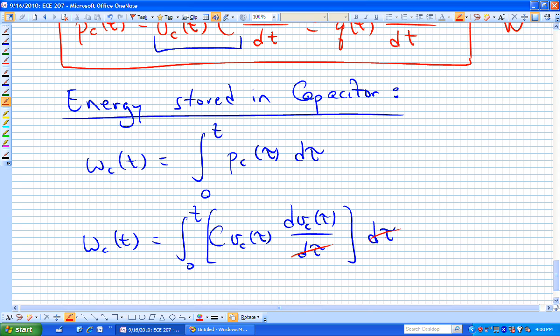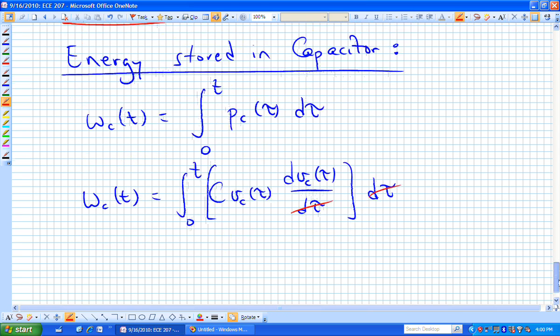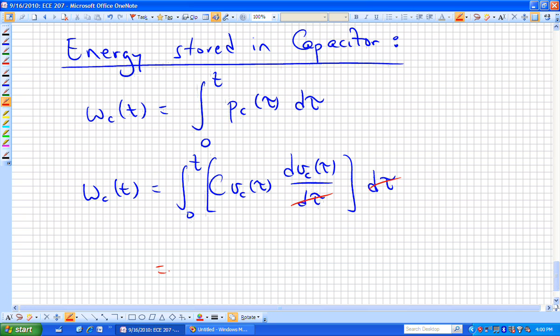Now we can cancel some of those differentials. And we're now left with this integral. And if we're assuming C is constant, it can slide down if we want, but I think you can see that we now have C, V sub C of tau, dV sub C of tau.